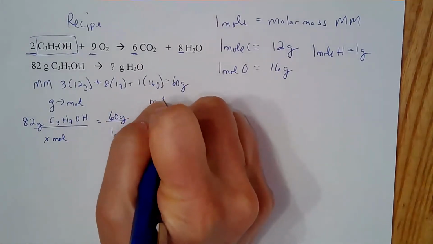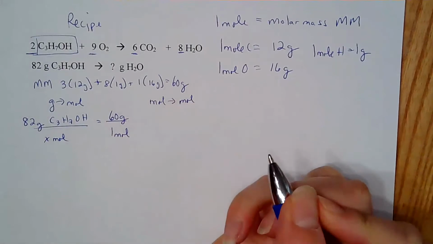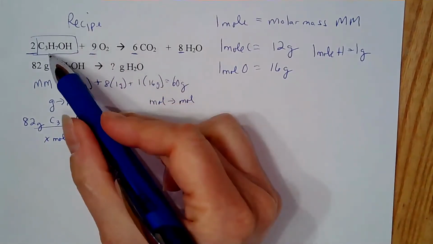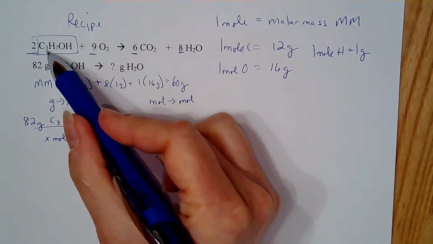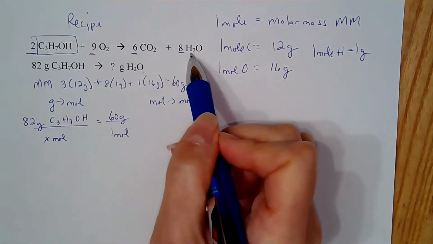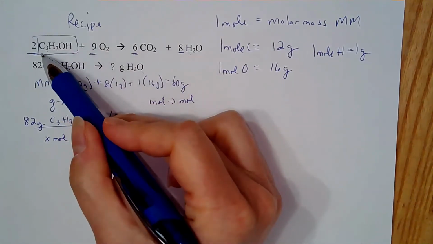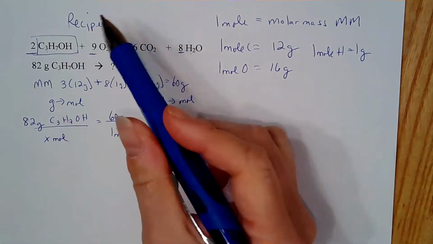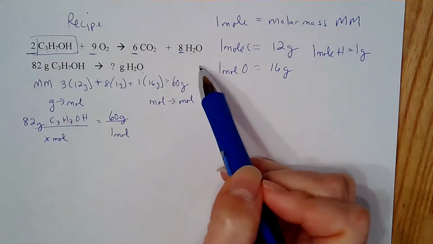Then you take the balanced chemical equation and do what I call a mole-to-mole relationship. So if I have this many moles of C3H7OH, how many moles of H2O? So I have a recipe, so 2 cups to 8 cups. But as a chemist, we say 2 moles to 8 moles.